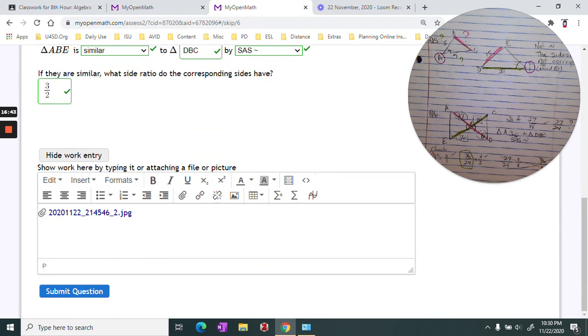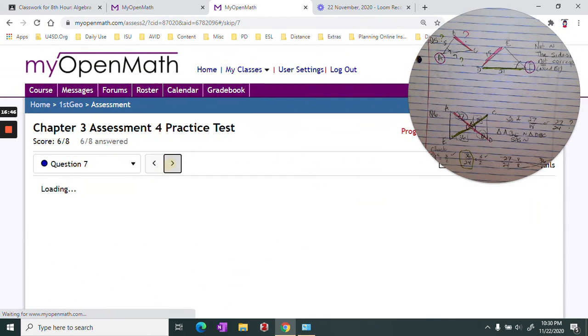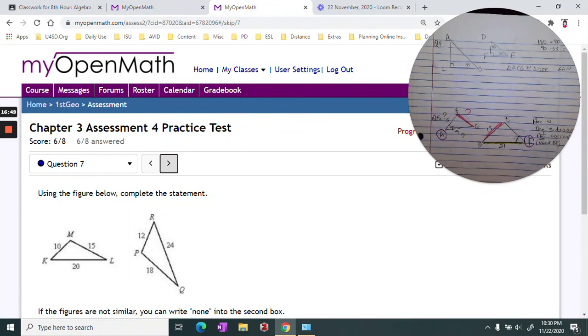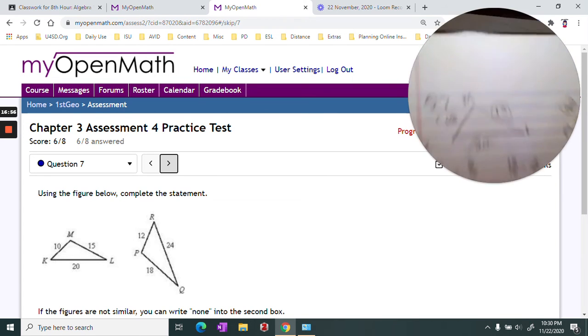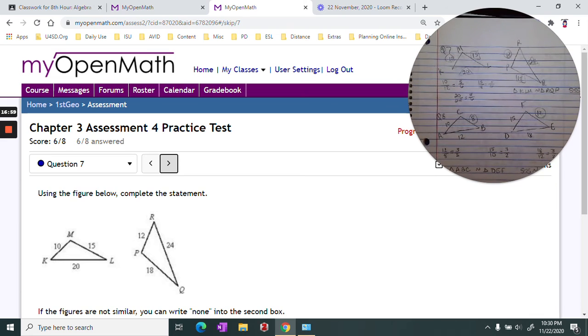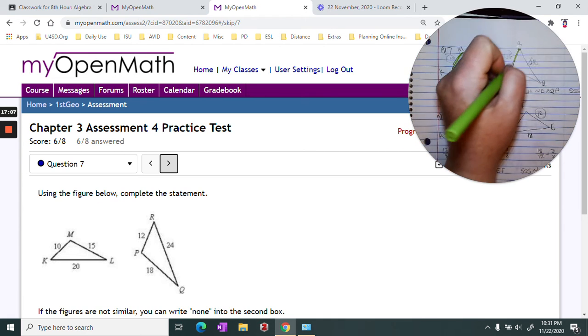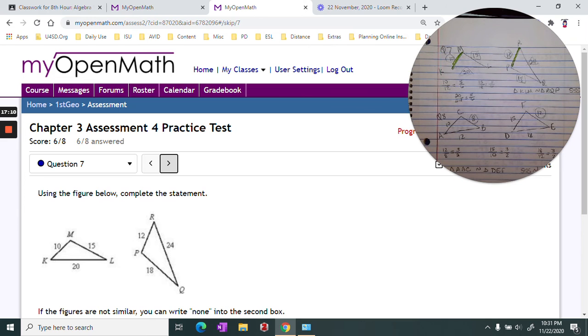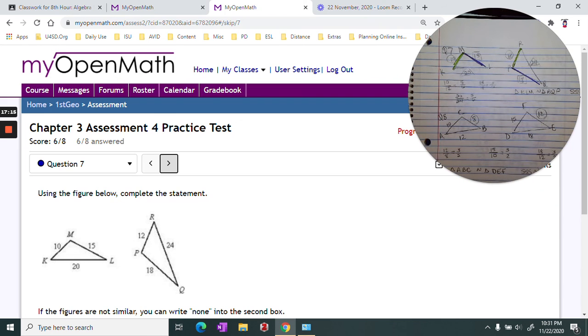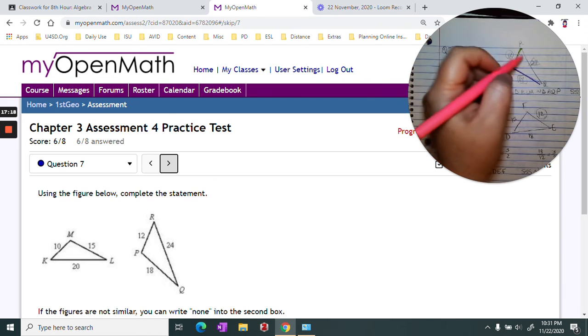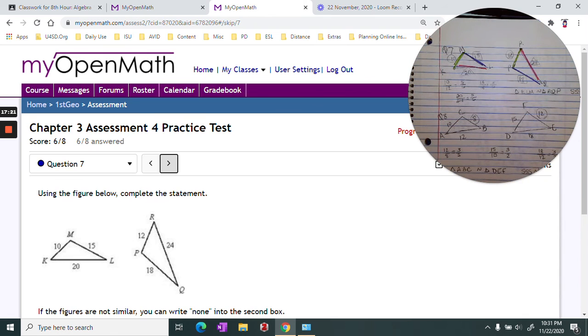Boom. Got it. Okay. Question 7 and question 8 are both done the same way. I'm giving you 3 sets of sides. So if you remember in class, when we have the 3 sets of sides, we are going to compare my shortest side in both triangles, my middle side length in both triangles, and my longest side length in both triangles.